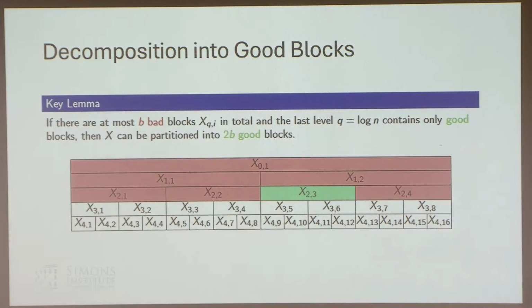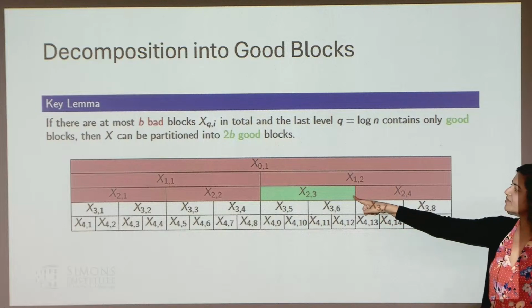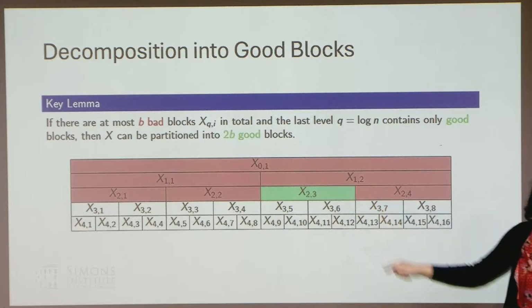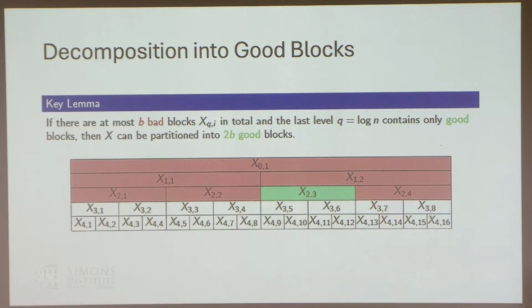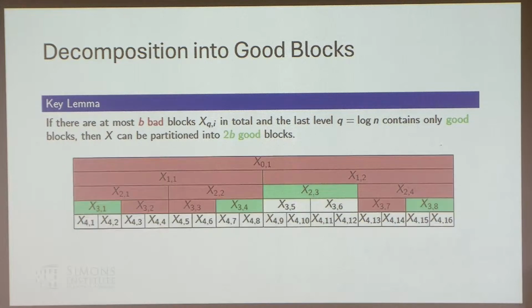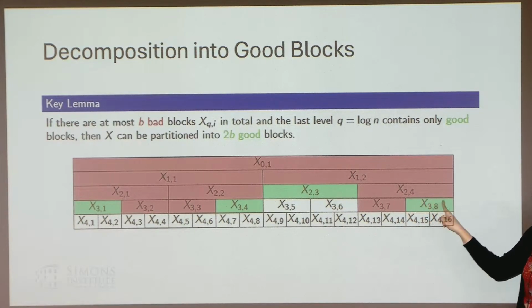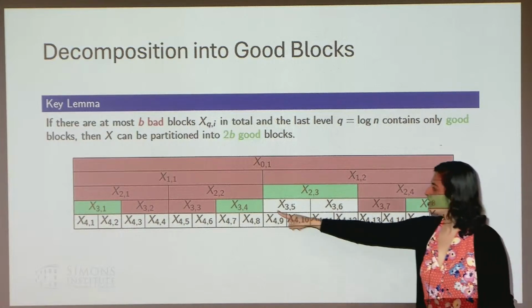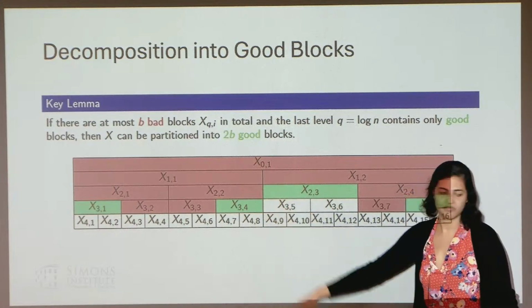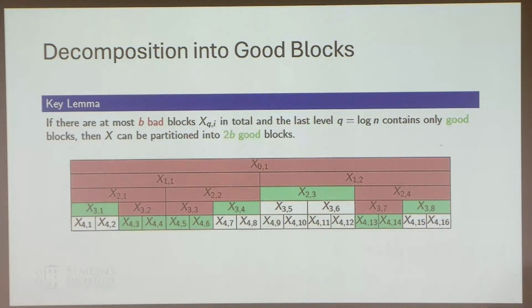They are also bad, so you decompose it. Here it becomes good, it's less than k, so you stop over here. You don't decompose it further. You decompose the other ones. So here you decompose this one. One of them becomes good, you stop it over here. One of them is good, you stop it over here, and so on. And you go like that.